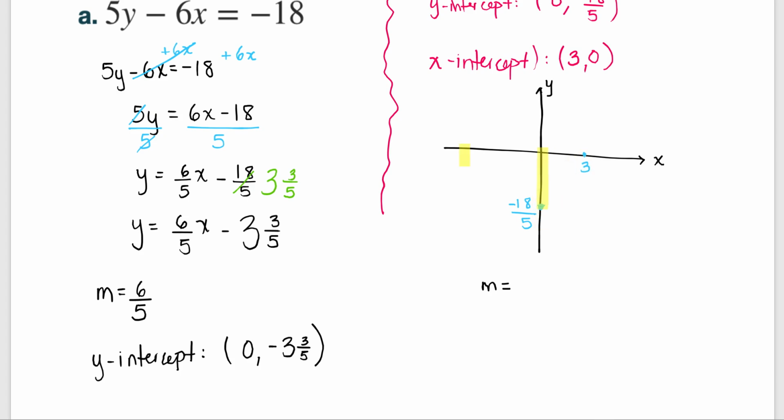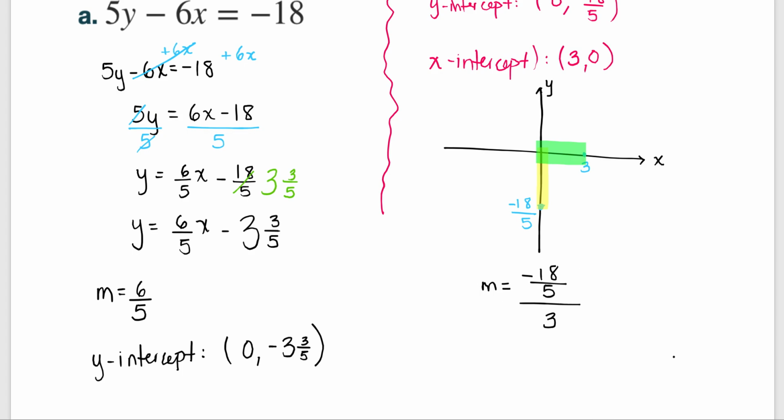So my rise is negative 18/5. That's my rise, what I have in green there. And what is my run? My run is this bit here from 0 to 3. So my run is going to be over 3. So that's my run.